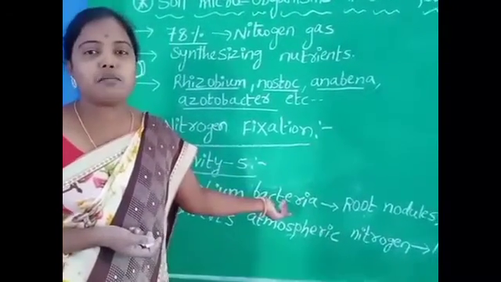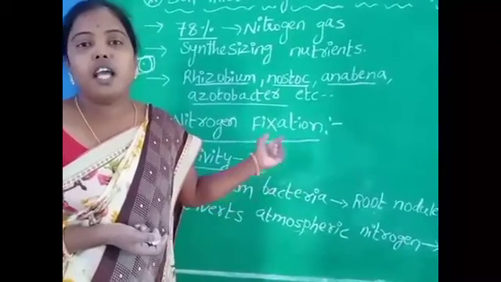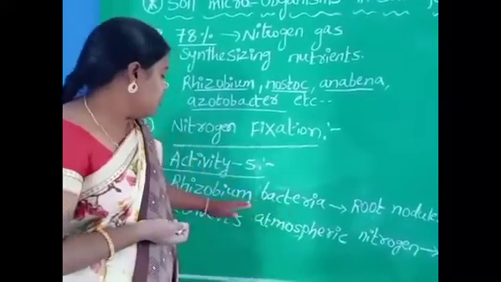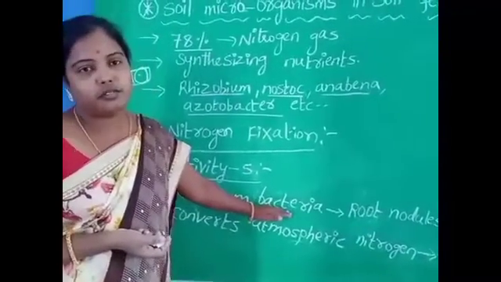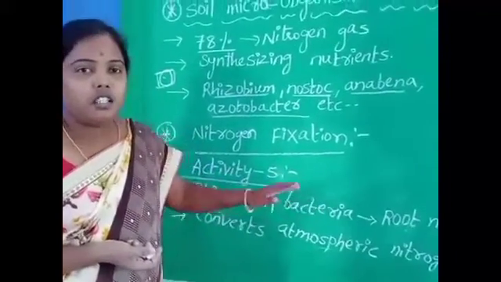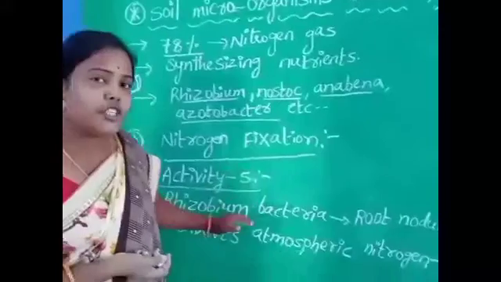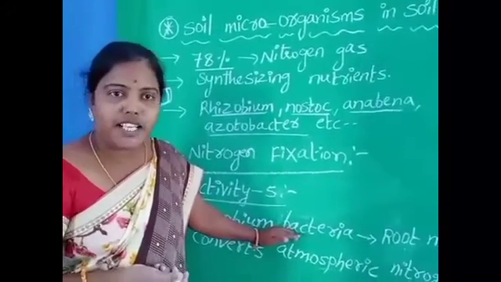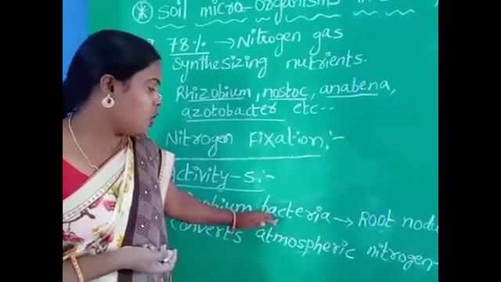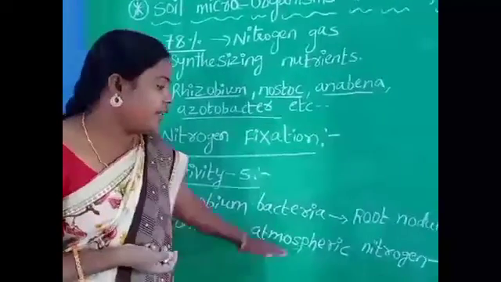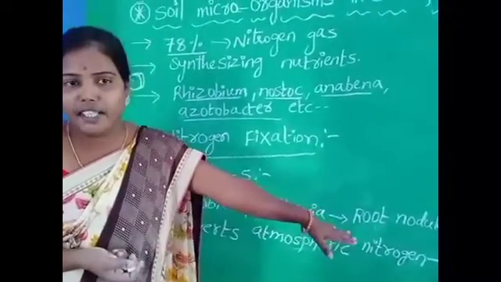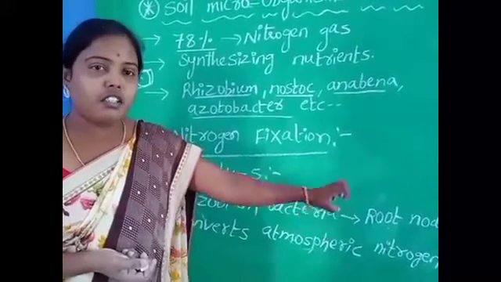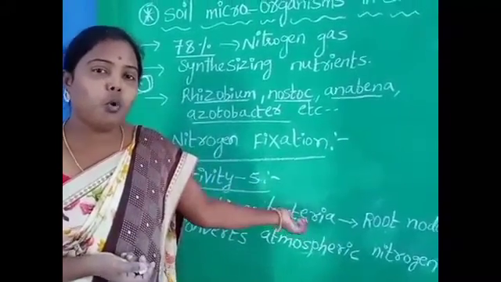The plant gives shelter to the Rhizobium bacteria. Rhizobium bacteria is a soil microorganism. It absorbs atmospheric nitrogen and converts it into nitrates, which are transferred to the roots.